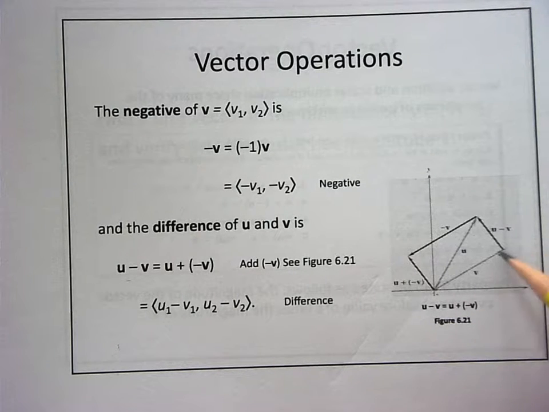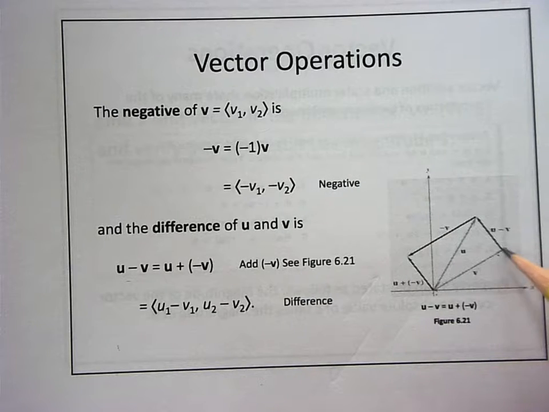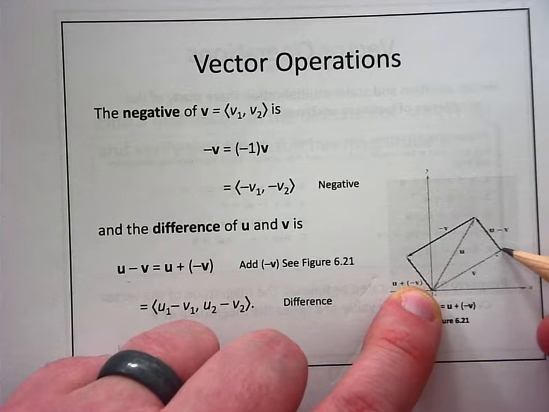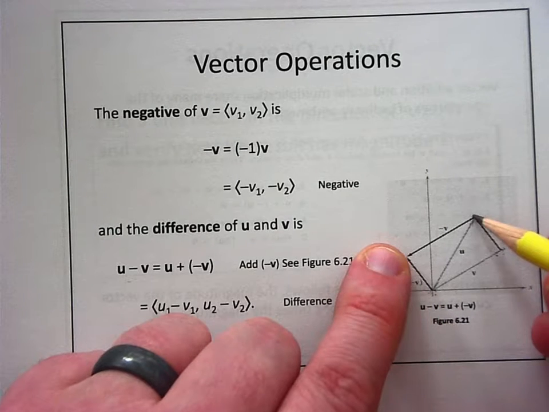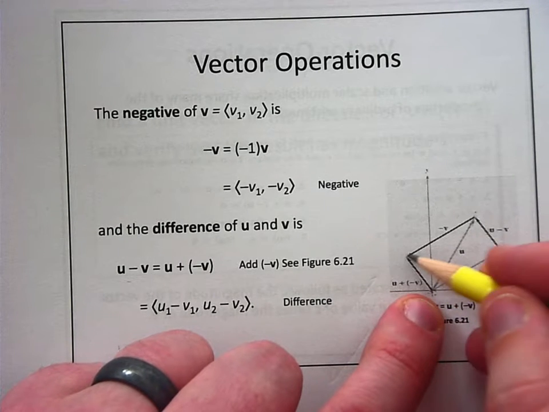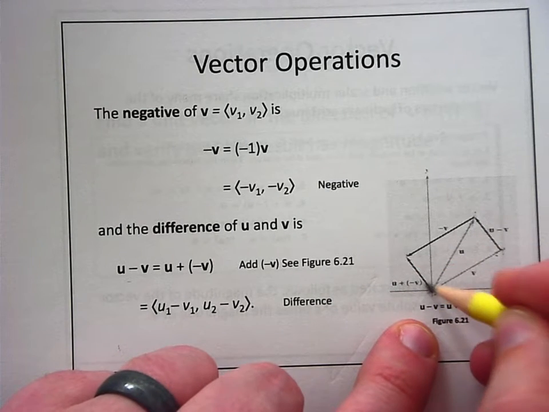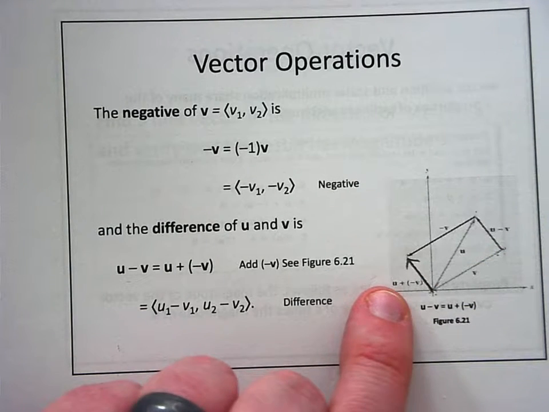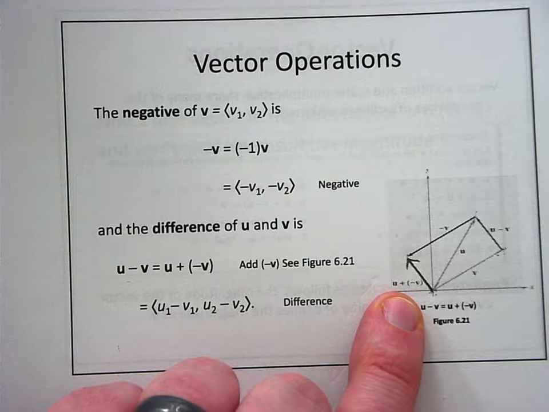It's going to flip it. So instead of starting at the origin going out, it's going to start here and go in. So I'm just going to take that inverted negative v and move it up until its initial point is at the terminal of u, and then follow that to its end. So now I go from the initial of u to the terminal of v. So my vector ends up right here. That's the vector u plus negative v, or u minus v.